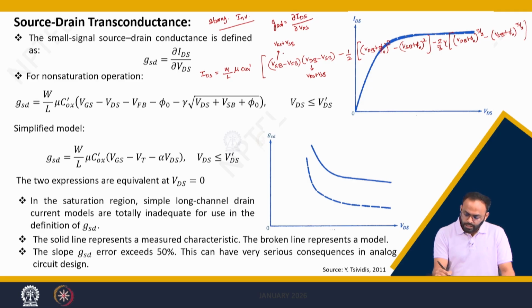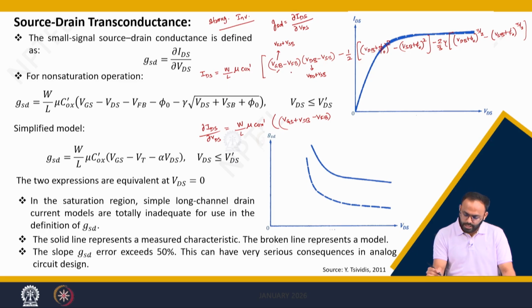Now, you replace VGB by VGS plus VSB, VDB by VDS plus VSB, and differentiate with respect to VDS. So, the first term you will get is W by L mu into COX dash into VGB minus VFB, which we replace as VGS plus VSB minus VFB, times VDS.